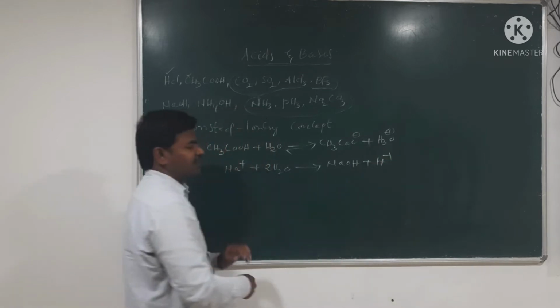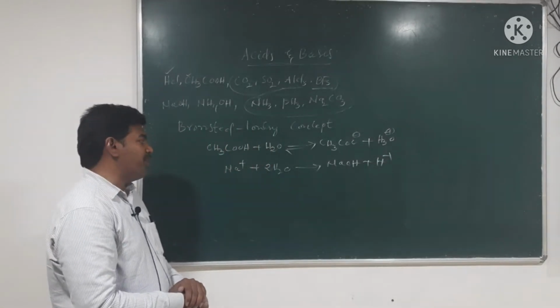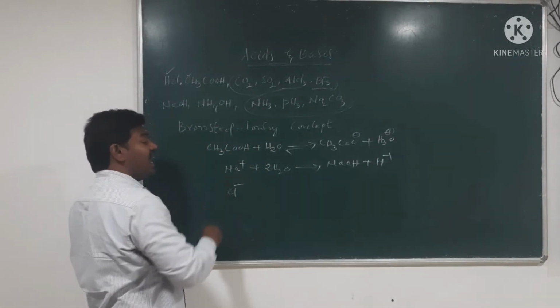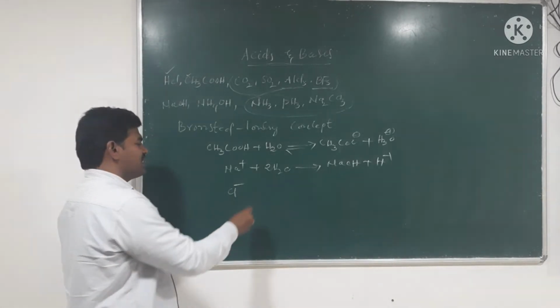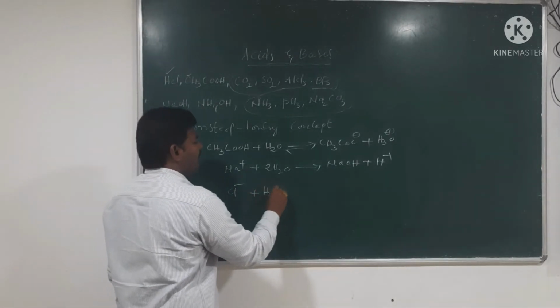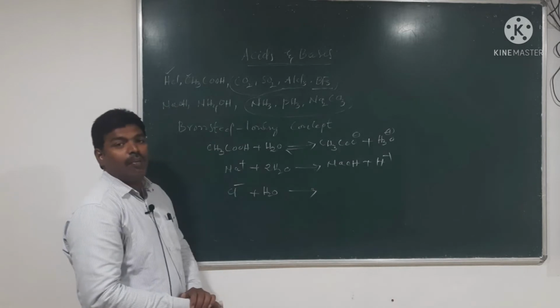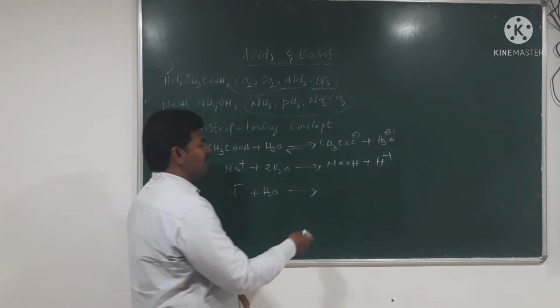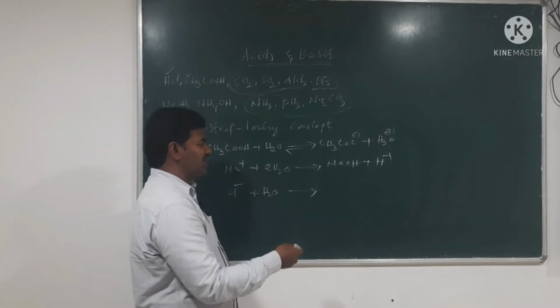H plus ions. And an anion can act as a base, because it can donate OH minus ions.